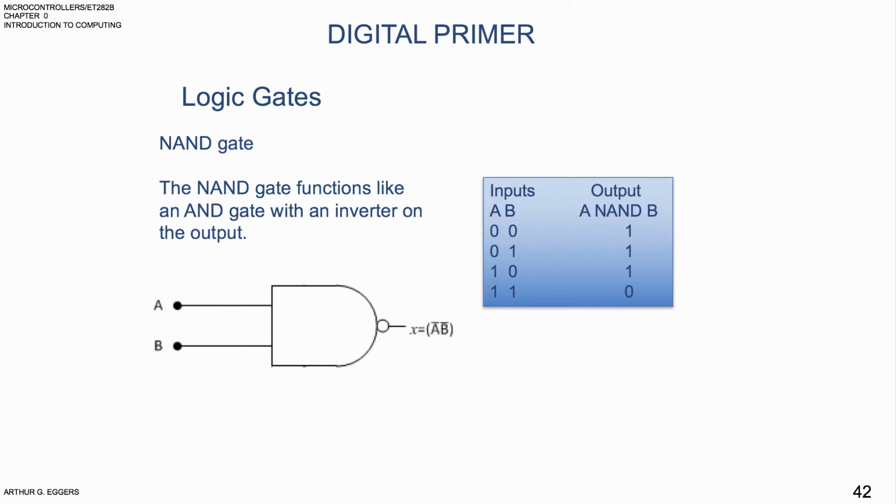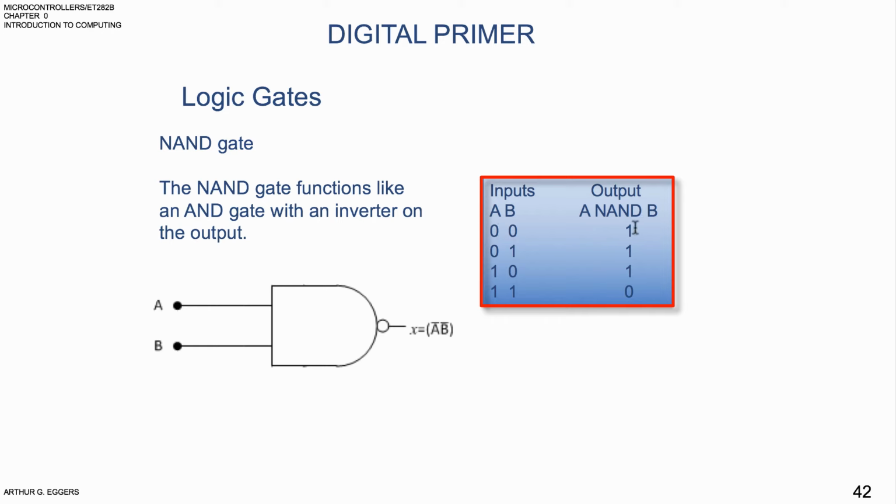The NAND gate, a not AND gate, functions like an AND gate with an inverter on the output. And you'll see these diagrams drawn multiple ways. This is probably the easiest way to draw it. You'll notice that the representation says that X is equal to not A and not B. Again, look at the truth table and determine what the output is supposed to look like.